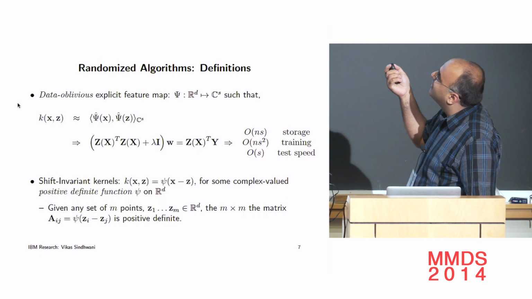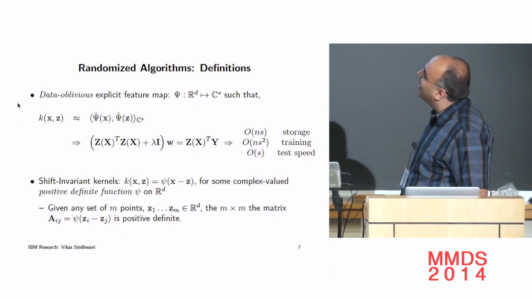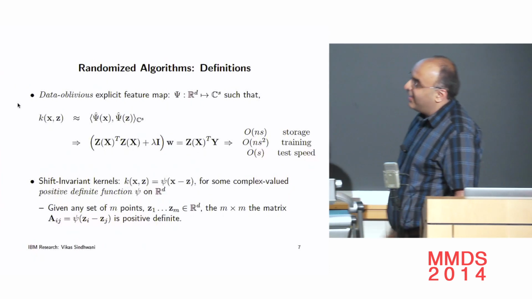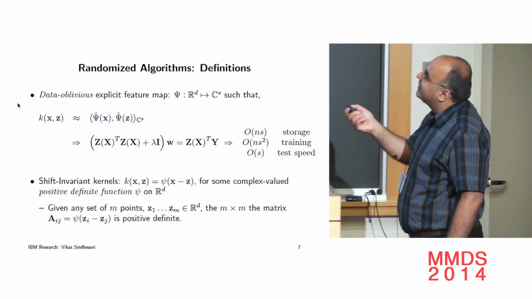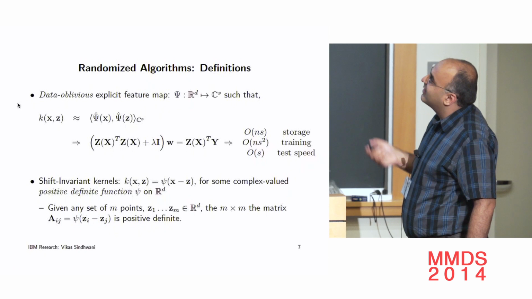Storage becomes order ns, training time becomes order ns square, and the test speed is independent of n, and that's the advantage of trying to create this explicit feature map.